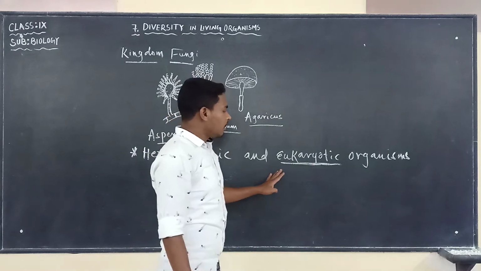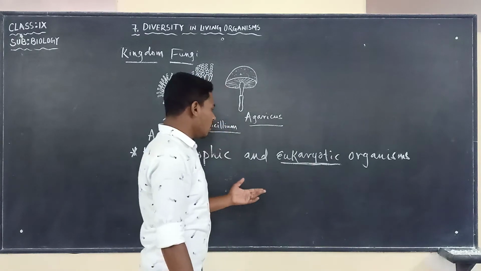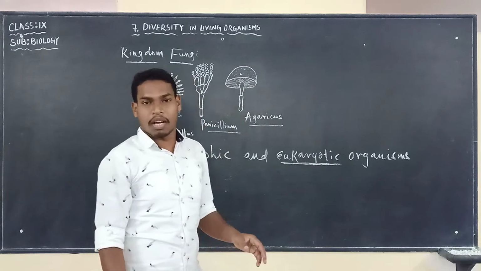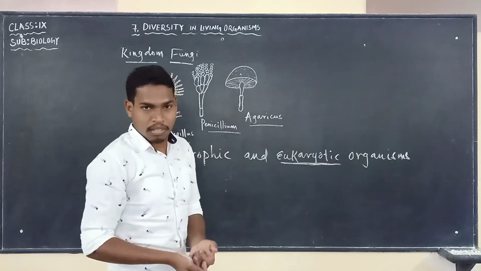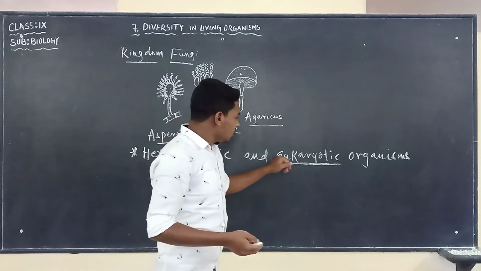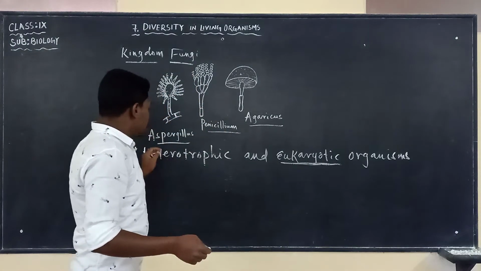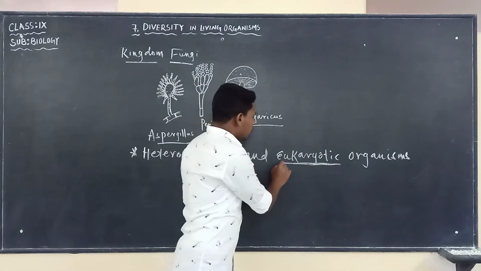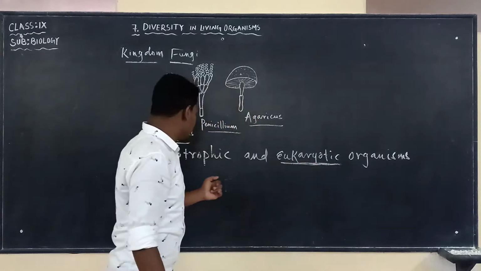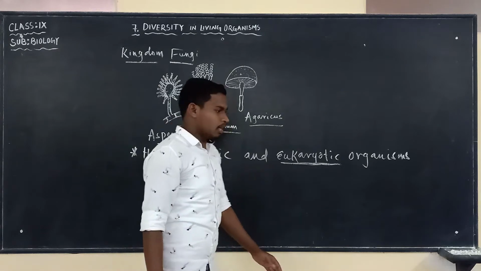Whereas prokaryotes do not have membrane bound organelles or a distinct nucleus, eukaryotes do. So fungi have membrane bound organelles. That's why they are placed under eukaryotic organisms. They are heterotrophic and eukaryotic organisms.